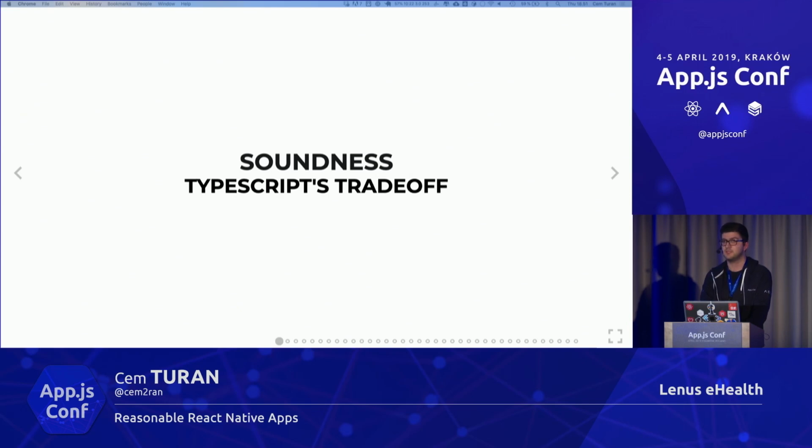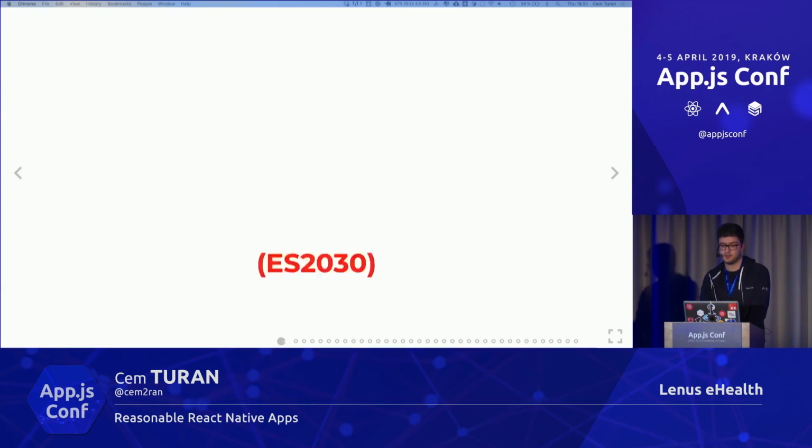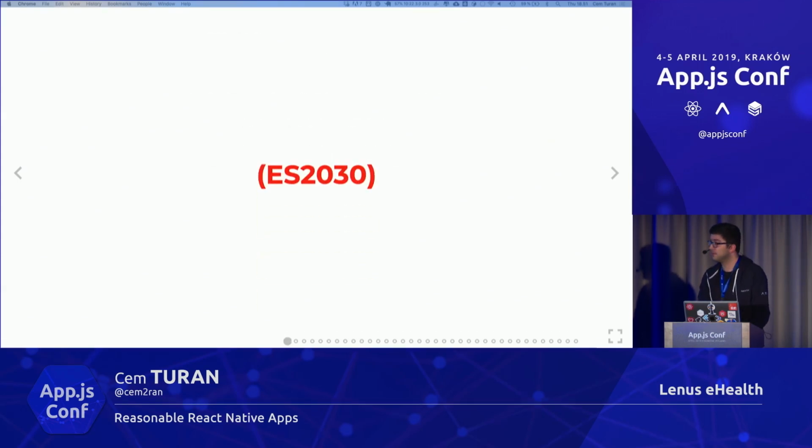And it's also one of the reasons why some people prefer Flow. So I think ReasonML in many ways is ECMAScript 2030, and that's being very optimistic. It's probably more like 2040.